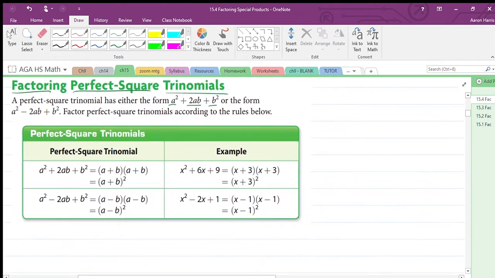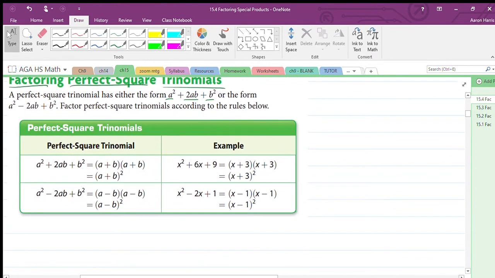Here's the thing you need to notice, and you'll see what I do later on. So a squared plus 2ab plus b squared. The result is a factorization that says a plus b times a plus b, which is nothing more than a plus b squared. Okay, so this is your final answer.